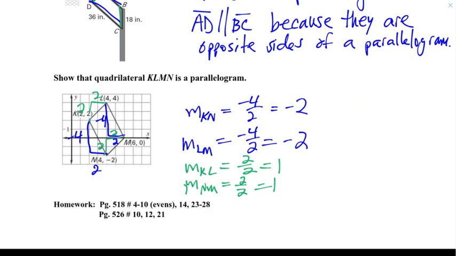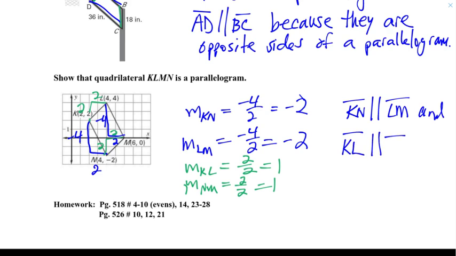So we see that KN is parallel to LM, as shown by the congruent slopes there. And we also know that KL is going to be parallel to NM. So because those opposite sides are parallel, we know that KLMN is in fact a parallelogram.